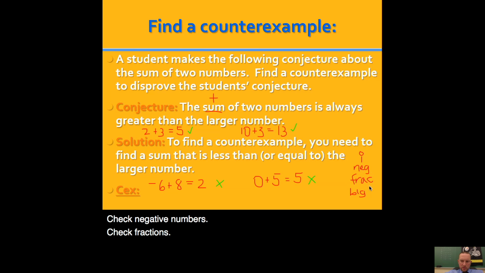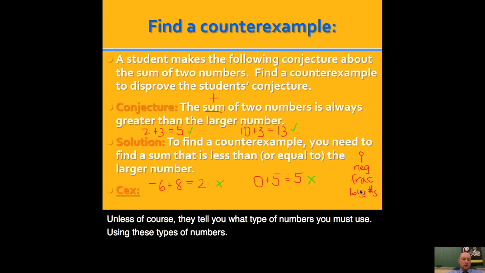Check big numbers. Unless, of course, they tell you what type of numbers you must use. Using these types of numbers are a really good idea.